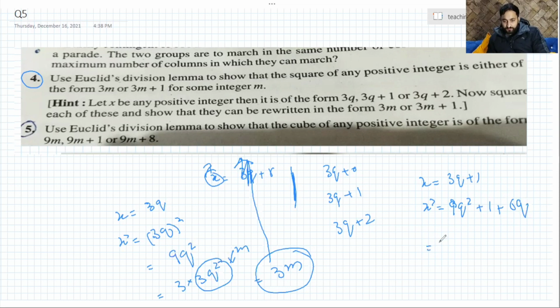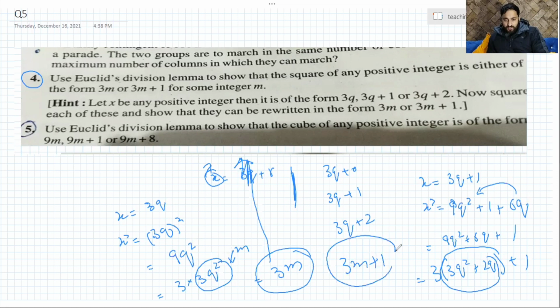Let's get q terms together: 9q square plus 6q plus 1. Let's take 3 common. Here will be 3q square plus 2q plus 1. Can this be replaced by m? So 3m plus 1. So that is what we needed to prove.